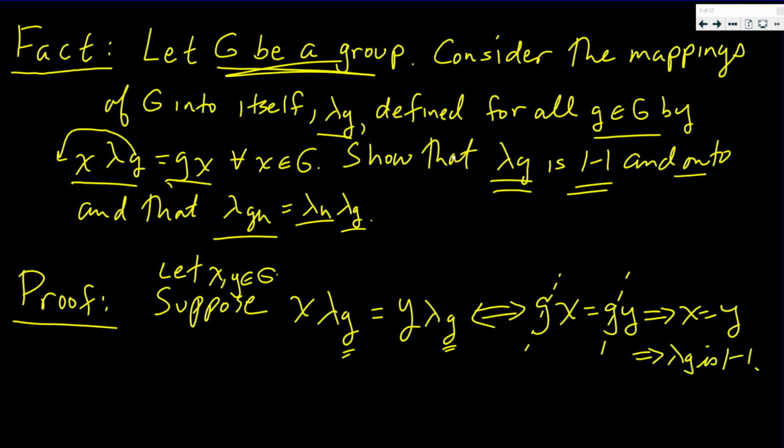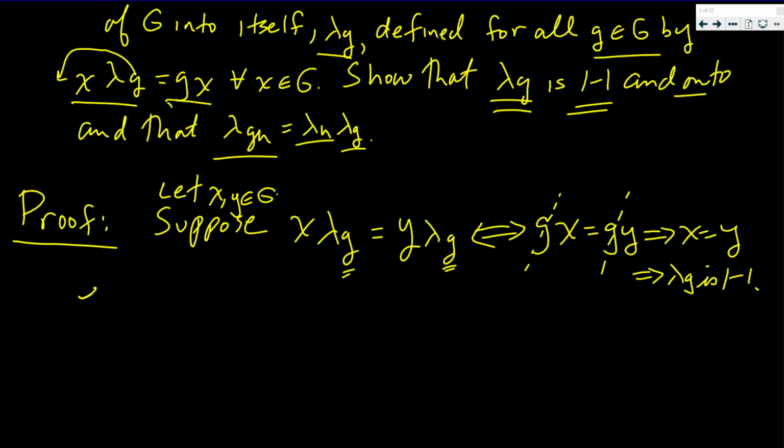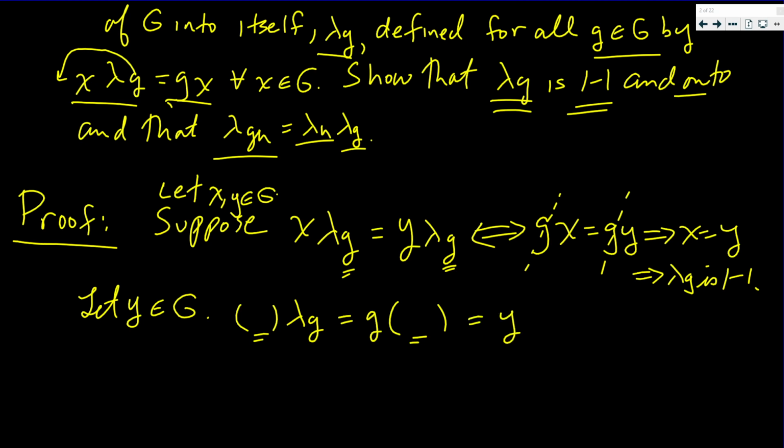Now we go to onto. Let y be in G. Now, you want to compose lambda sub g with something, and you want to get back y. So let's see. This is going to be g times the something. And you want to get y. Well, let's see what's going on.